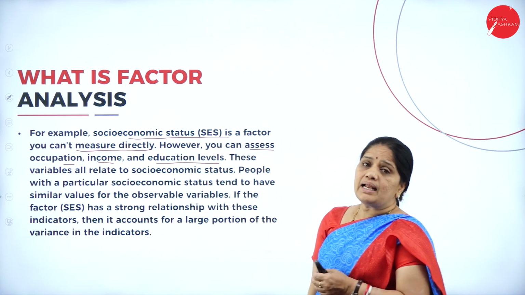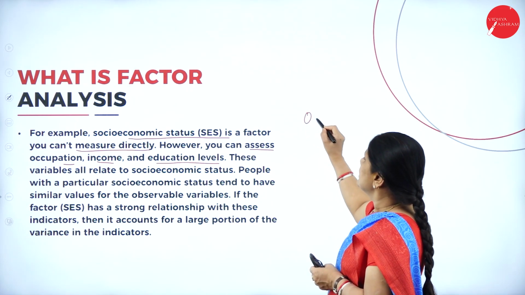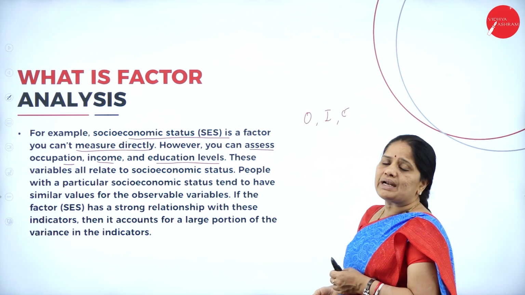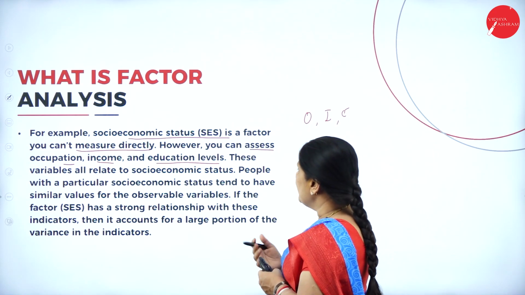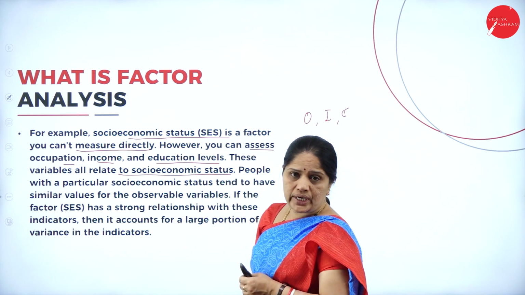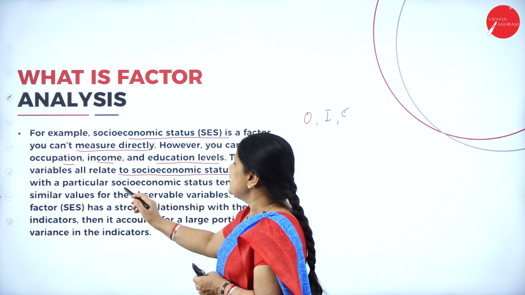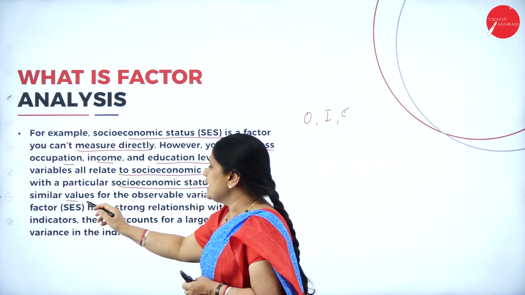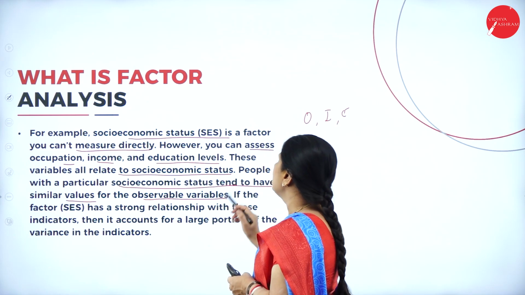But with the help of the occupation, income and the education levels, we will be able to predict the socio-economic status of the people. These variables all relate to the socio-economic status. People with a particular socio-economic status tend to have similar values for the observed variables.